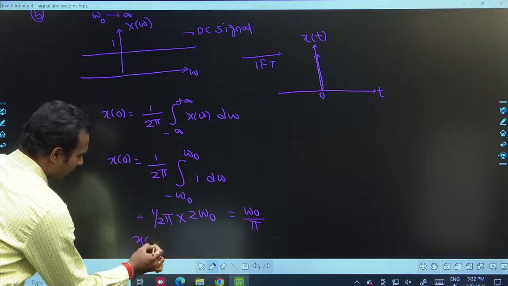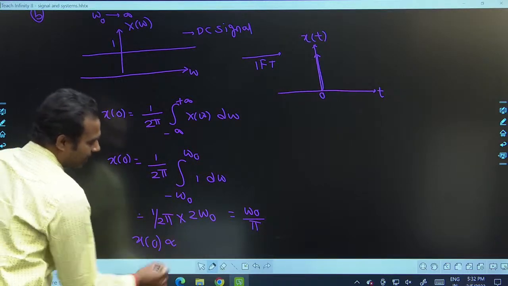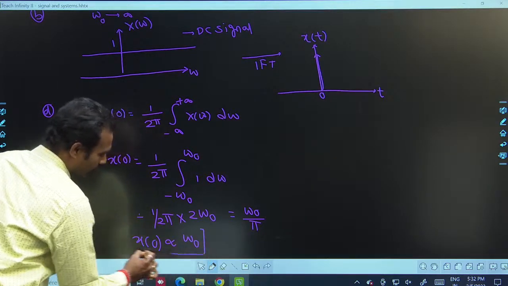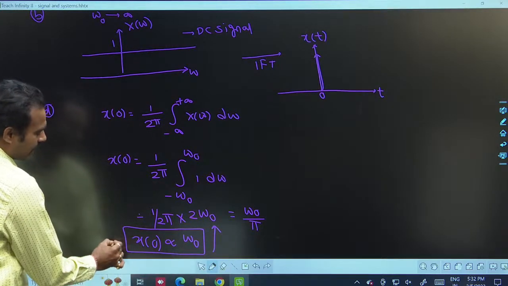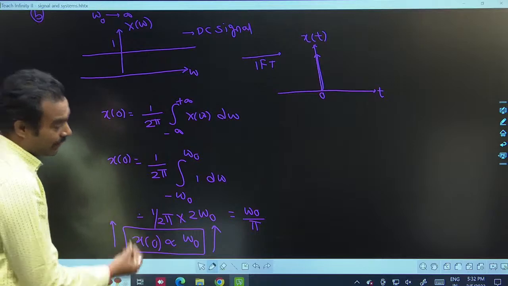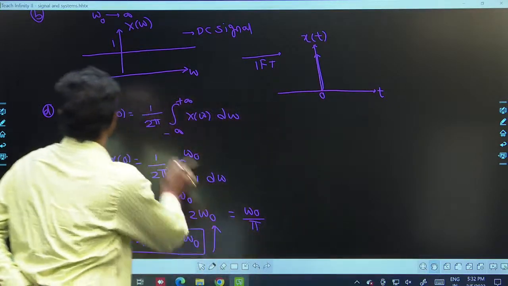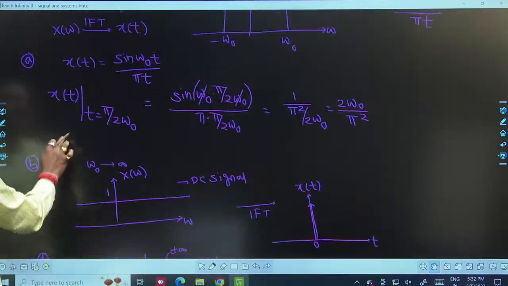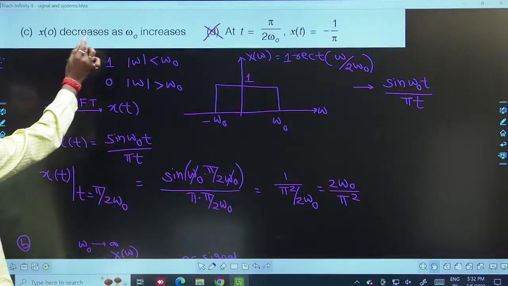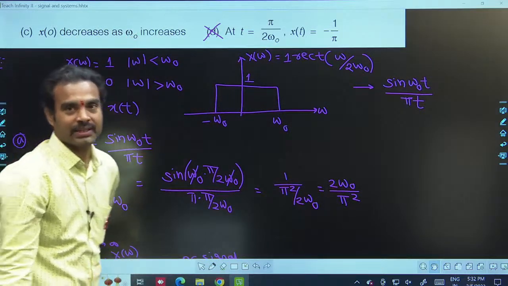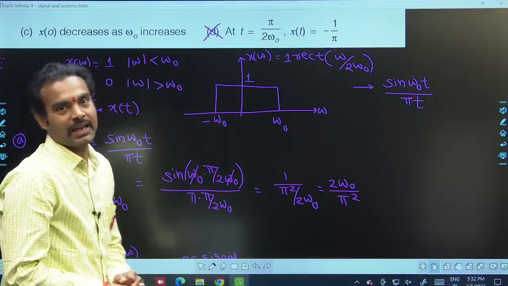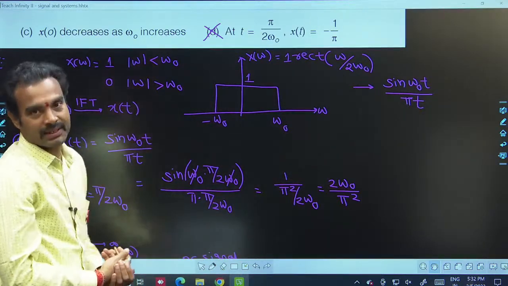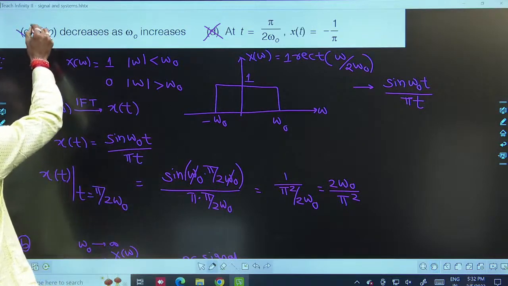We observe that x of 0 is directly proportional to omega naught. So if omega naught increases, automatically x of 0 will increase. But the given option says x of 0 decreases as omega naught increases. As they are directly proportional, x of 0 also increases as omega naught increases. So this option is also wrong.